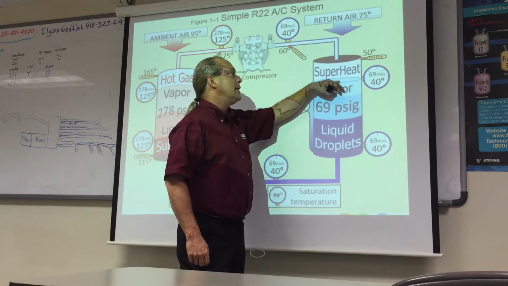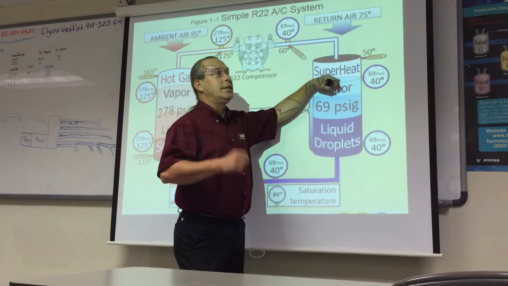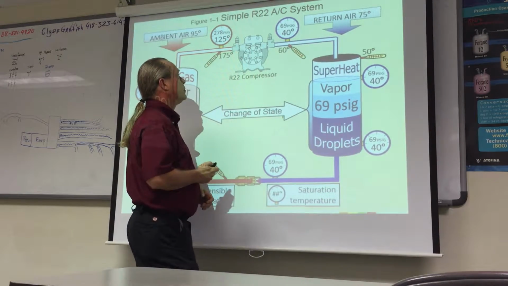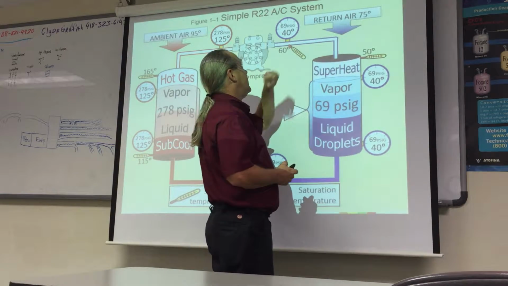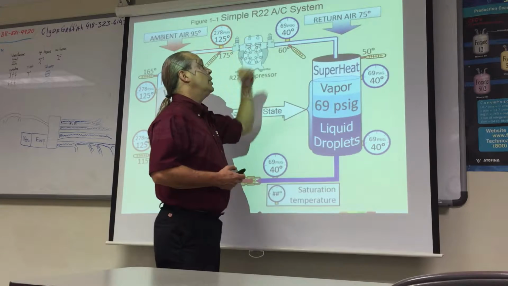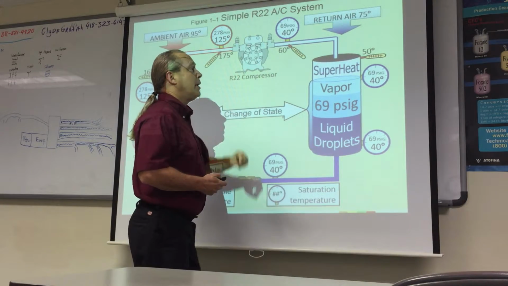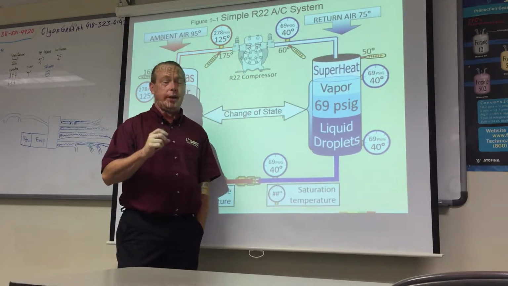Now that we are completely gas, we can take on more heat. And that is the heat we call superheat. We've gone from 40 degrees to 50 to 60 in this demonstration. We are still at 69 psig. And now we can come into our compressor. Remember, a compressor cannot pump liquid.